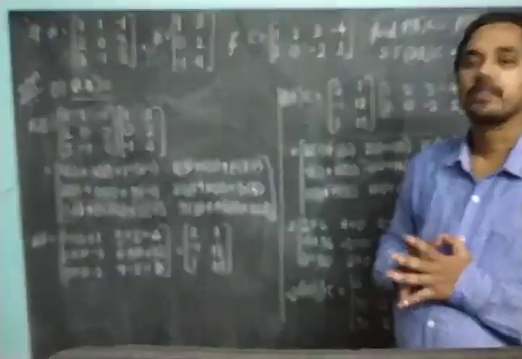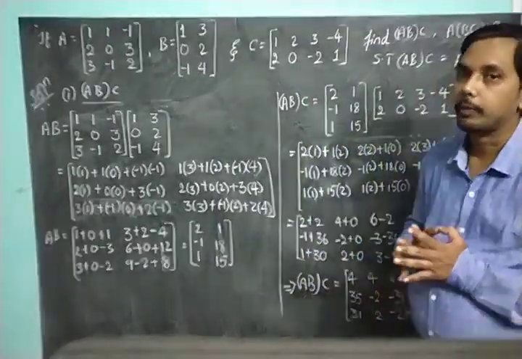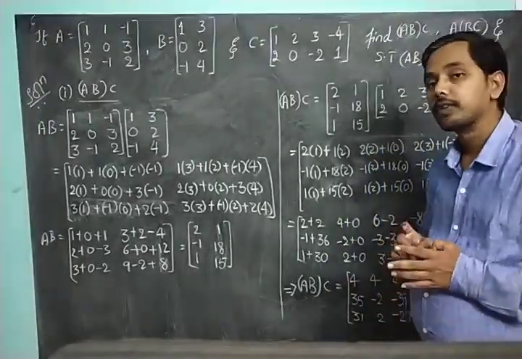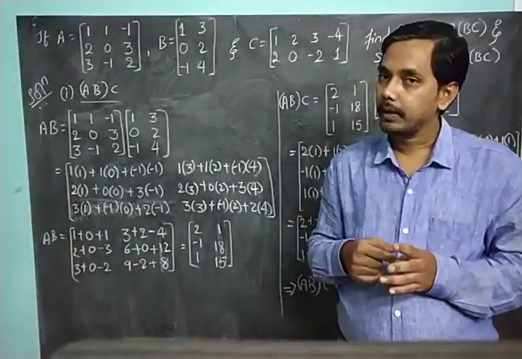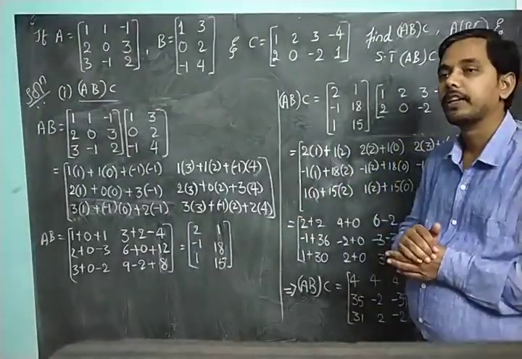So in previous sessions we have been discussing matrix operations, or properties of matrix operations. We have seen the properties of matrix addition and difference, and properties of scalar multiplication of a matrix.